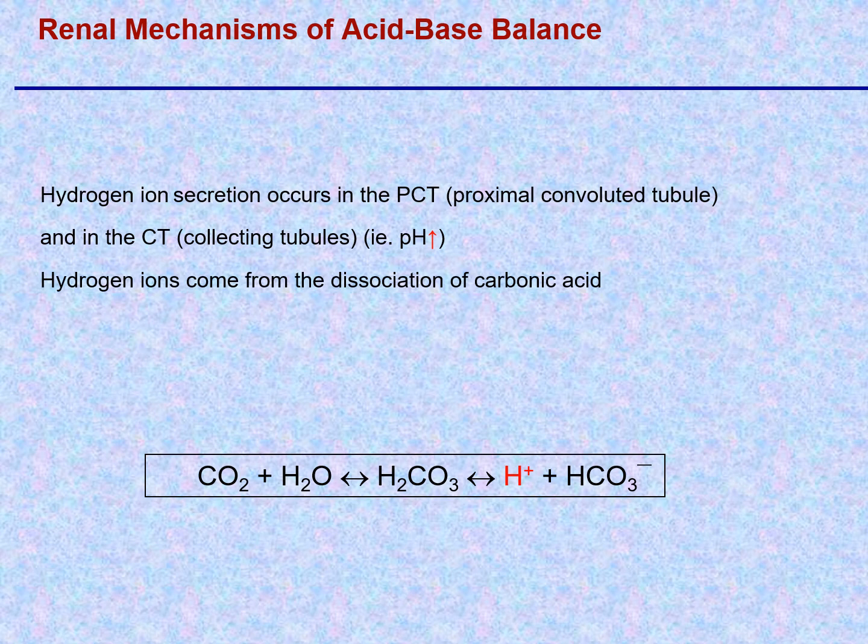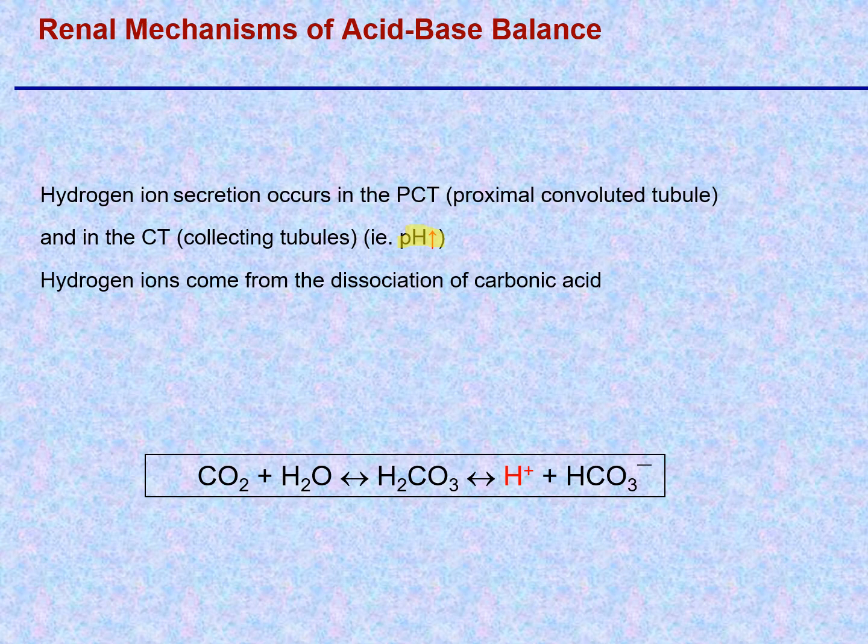In terms of hydrogen ion secretion, it can occur in the proximal tubule and in the collecting ducts or collecting tubules. That output of hydrogen ions will cause an increase in pH.